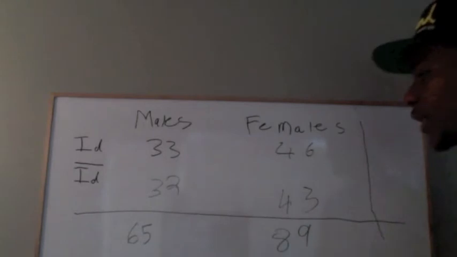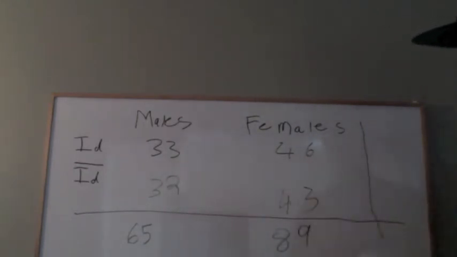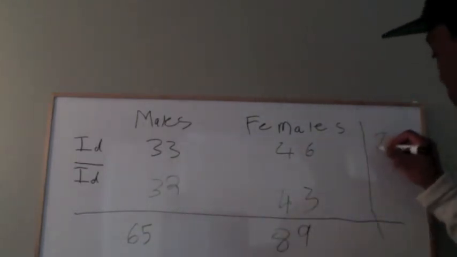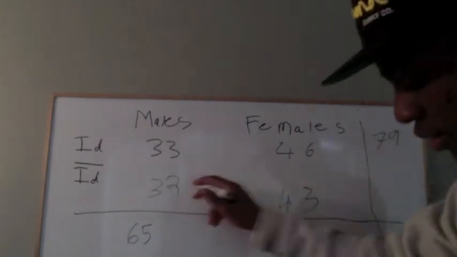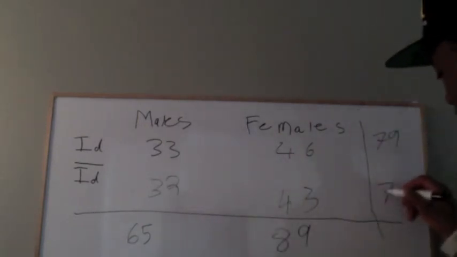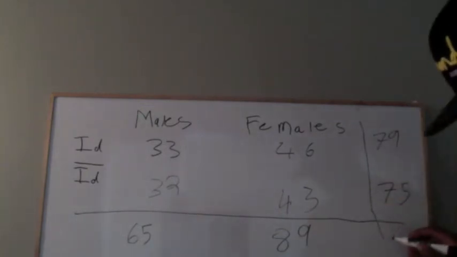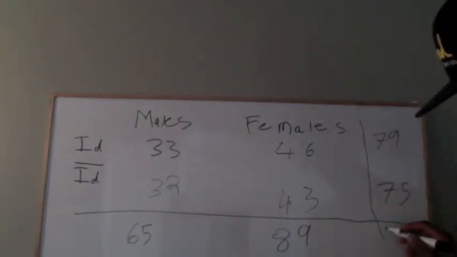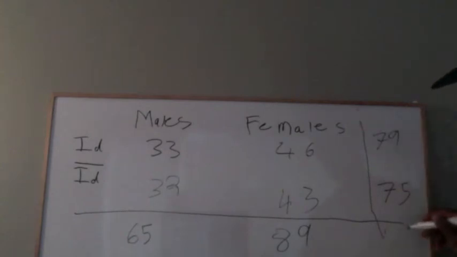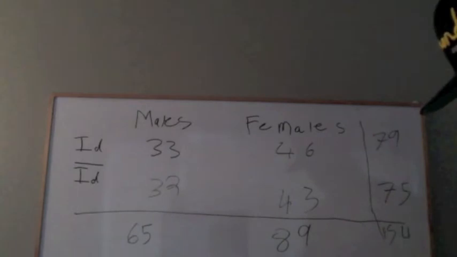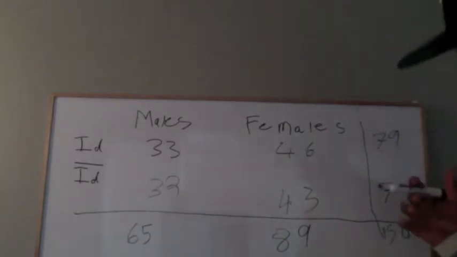Now all you have to do is add these two numbers together, just right across, 79, 75. And then after you're done that, you add these two together, which equals 154. There you go. Simple mathematics.